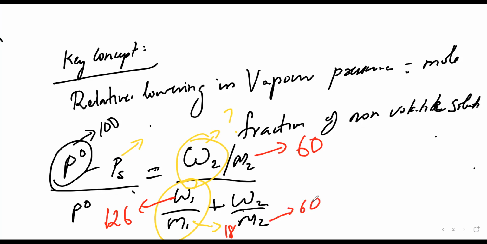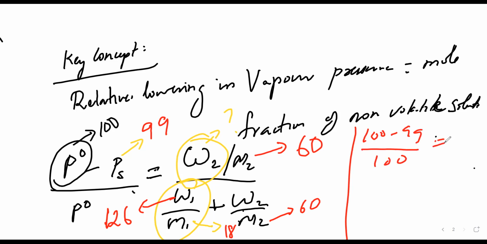I have to find my W2. This is my 99. So I have to substitute everything and get the answer. So substitute all of these things and let me know the answer. (100 minus 99) by 100 is equal to (W2 by 60) by (126 by 18 plus W2 by 60).